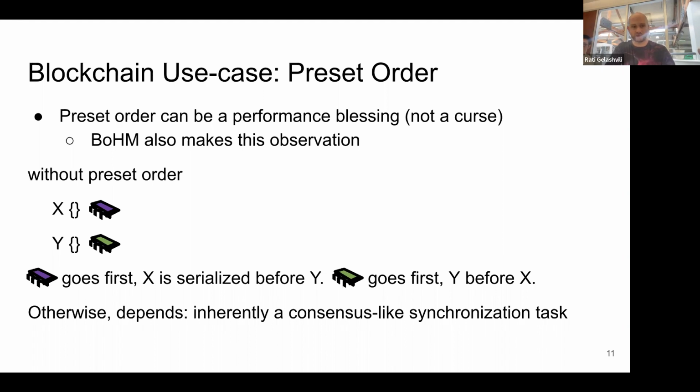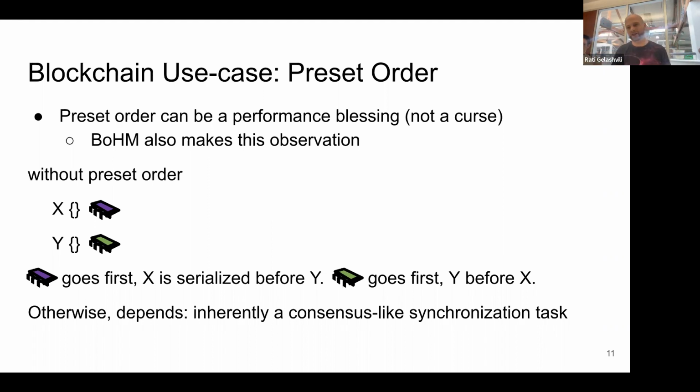So X would have to get serialized before Y, in a general purpose system that does not enforce a preset order. And if green goes first, then Y would be serialized before X. And if they are concurrent, it can be one of the two. It's some interpolation between these 2 extreme executions.